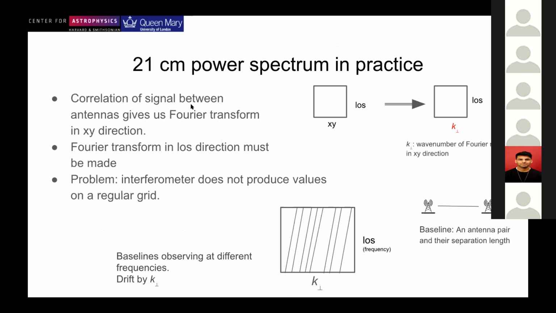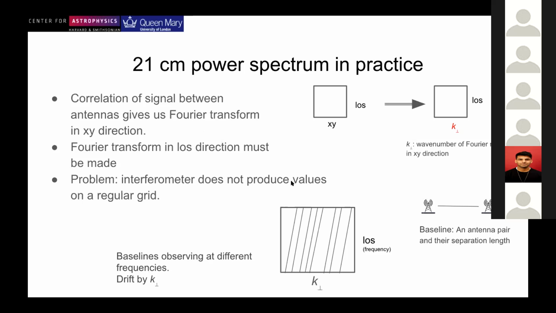In practice, using an interferometer, the correlation of the signal between antennas gives us the Fourier transform in the XY direction. So we go from this to this, where we get K-perp modes for free out of the interferometer. So we need to make the Fourier transform in the line of sight direction, but the interferometer does not produce values on a regular grid.